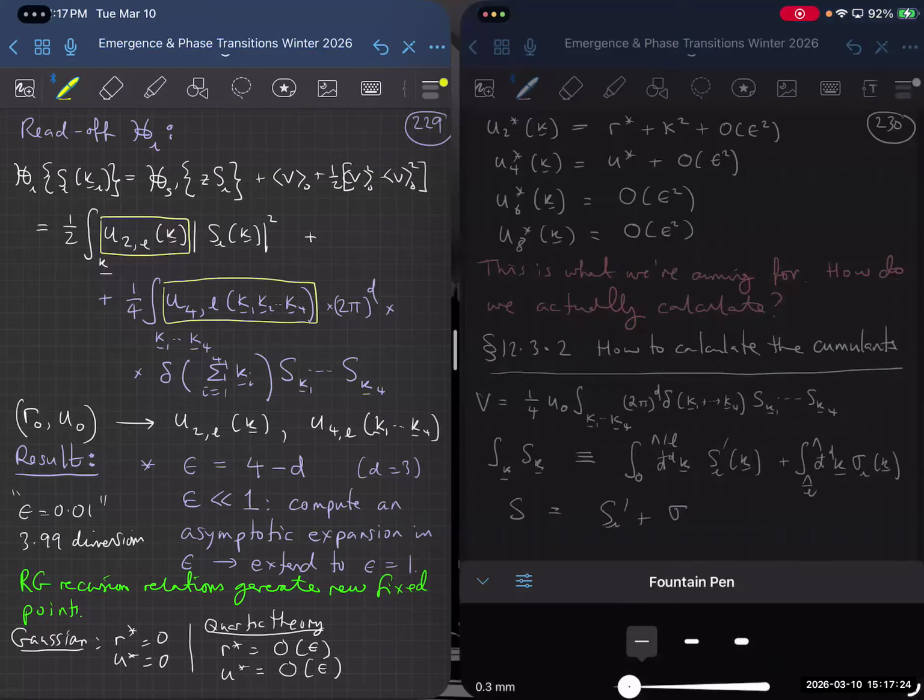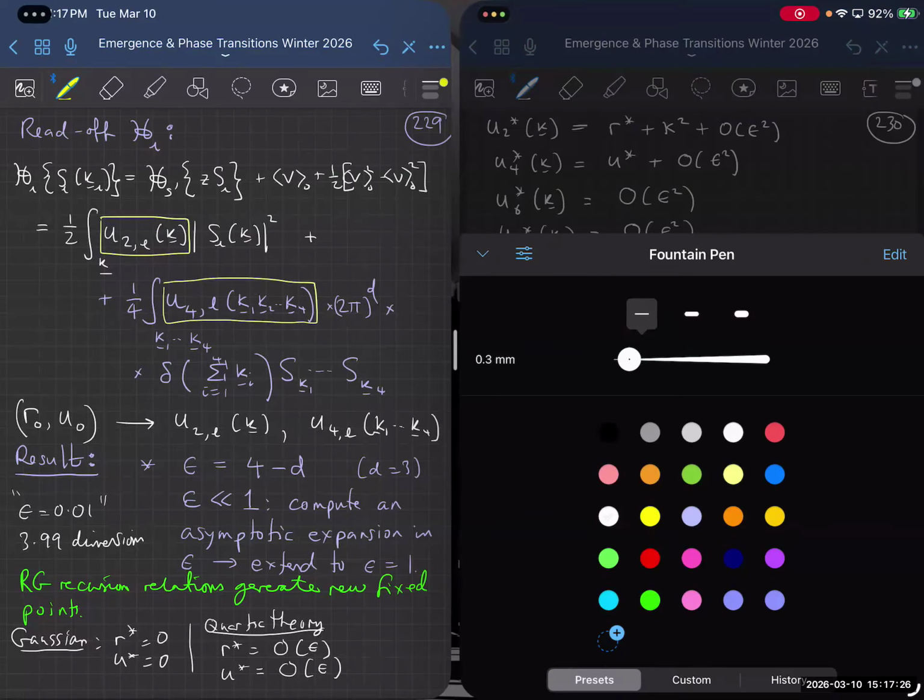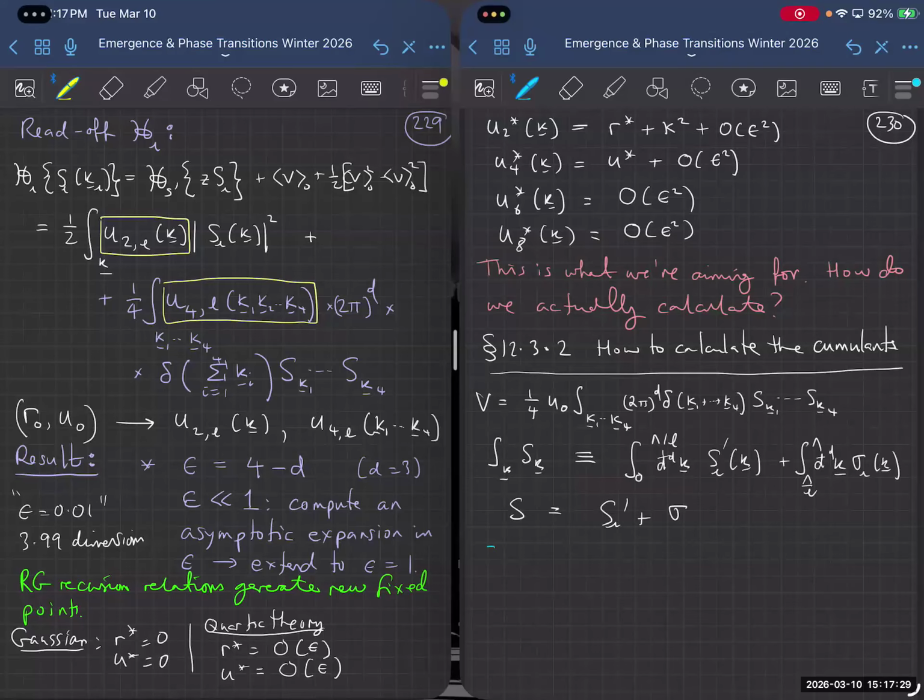So think what happens then when I take s to the fourth. When I write down s to the fourth, it's going to generate terms like this: S prime, S prime, S prime, S prime. Then there's going to be a term that looks like this: 4 S prime sigma, S prime, S prime, like that.